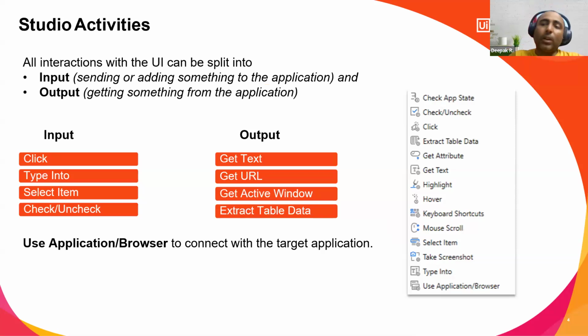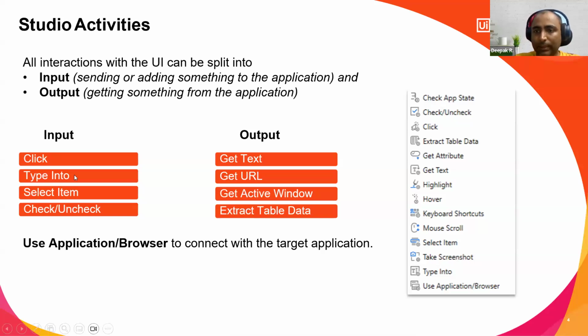Now, when we are talking about automation in UiPath Studio, these activities are divided into two parts: input actions as well as output actions. If we have to select any region, normally with a mouse click, we are doing a click, and this action is called under the input category.